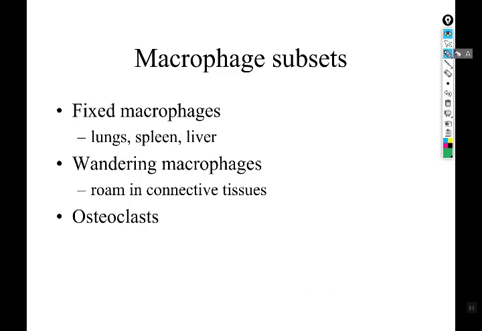So fixed macrophages are really important for tissue health. For example, in the lungs, fixed macrophages are also sometimes called dust cells because we can't avoid eating particulate matter or having it end up in our lungs. As much as our mucociliary escalator is good at its job, it's not perfect.